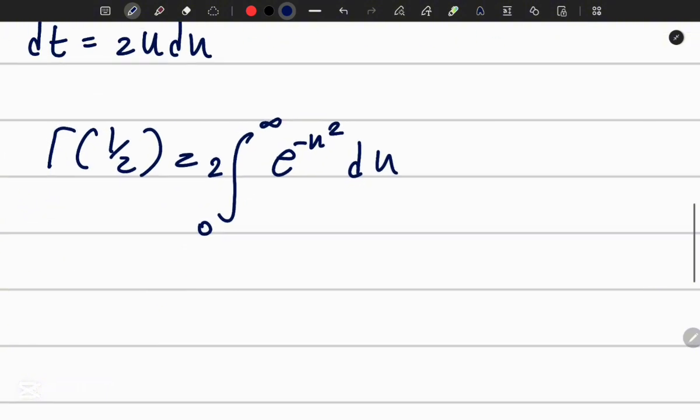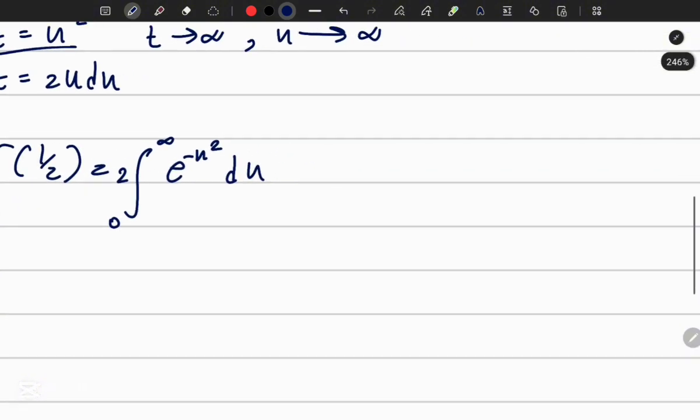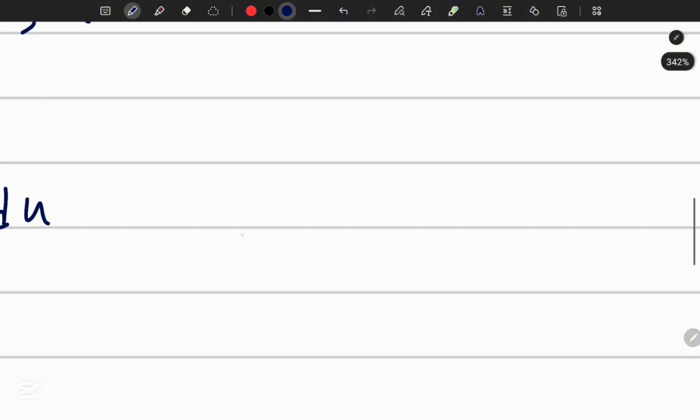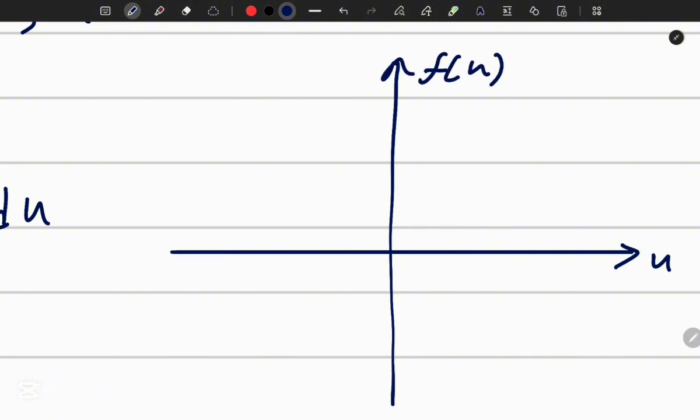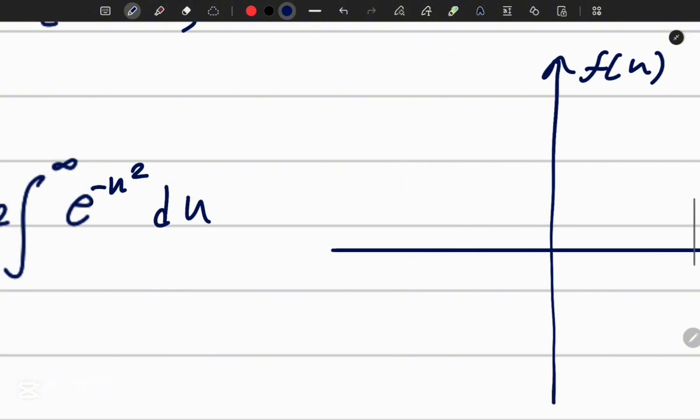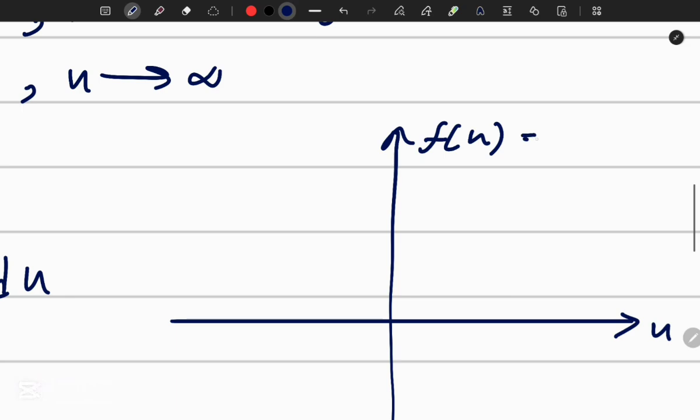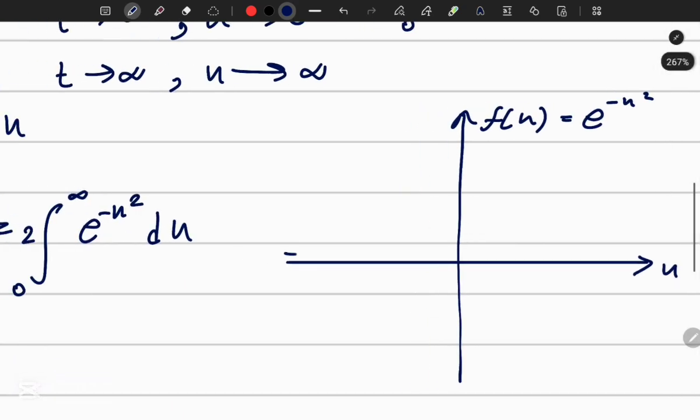Let's consider this graph. This is u, this is a function of u. Let's say this is e to the minus u square. The graph of this is like this. This is symmetric.